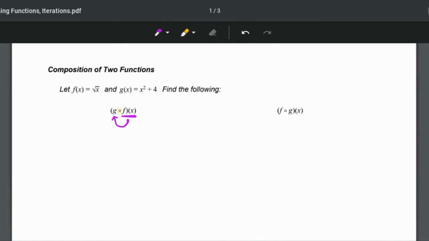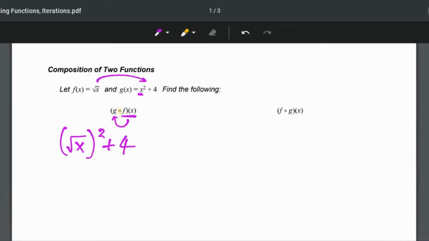So we take the quantity square root of x and substitute it into x squared plus 4, just replacing the x. So we get the square root of x, squared, plus 4.